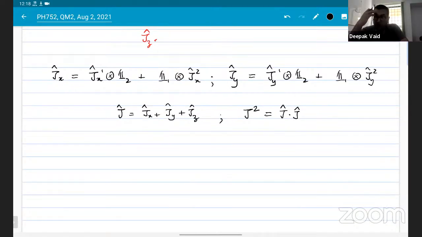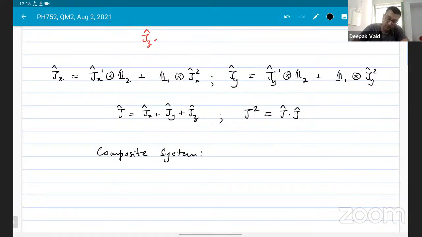So now I have my composite system. For my composite system, my operators are Jx, Jy, Jz, the total J, and J squared. Now once I have a system and a set of operators, what's the next step?